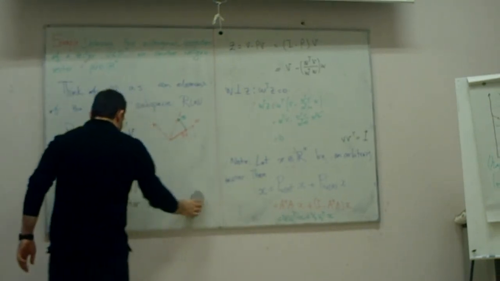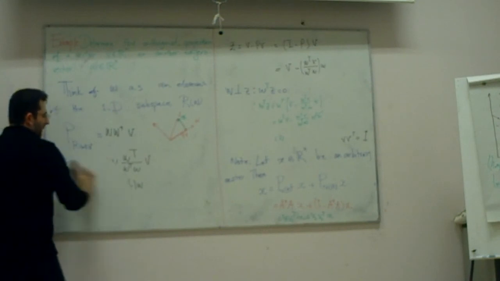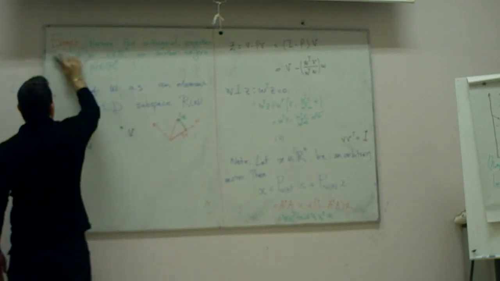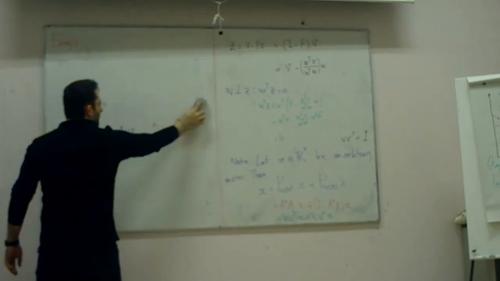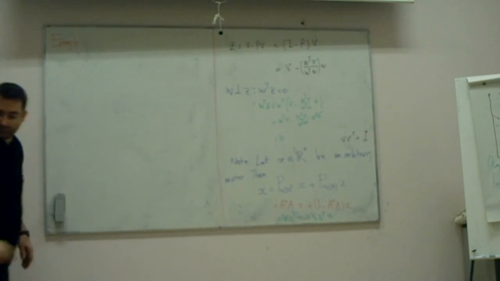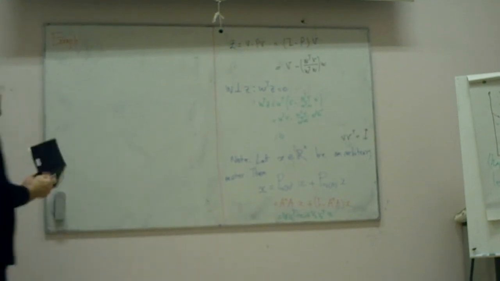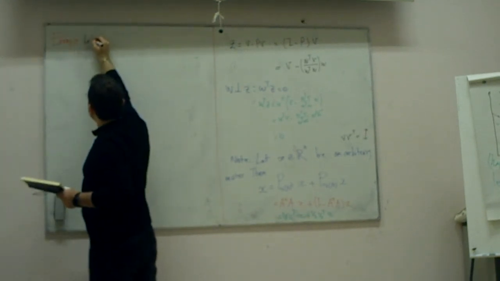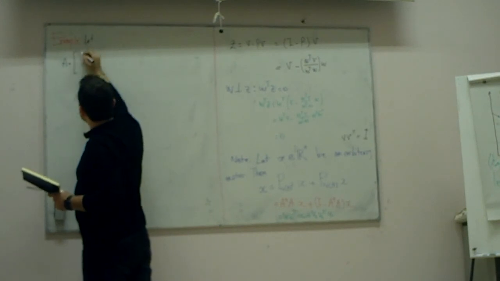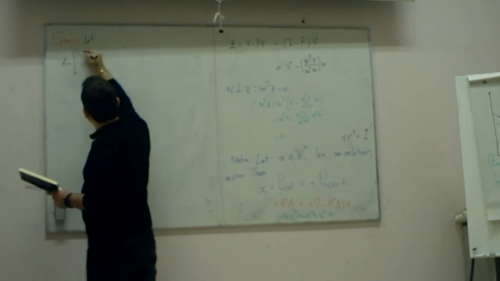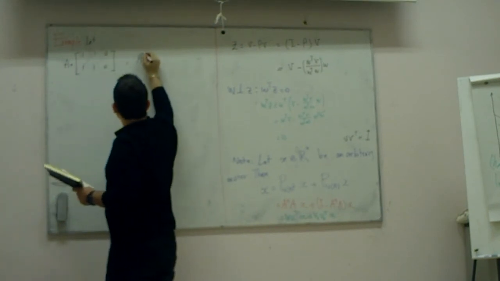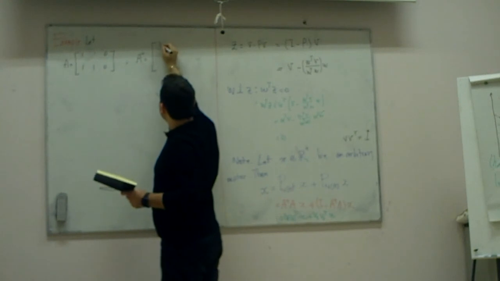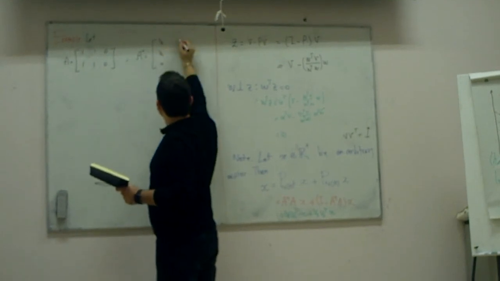Now let's see where we can use these formulas in a numerical example. Let A be [1, 1; 0, 0], and A plus be [1/4, 1/4; 0, 1/4, 1/4, 0].